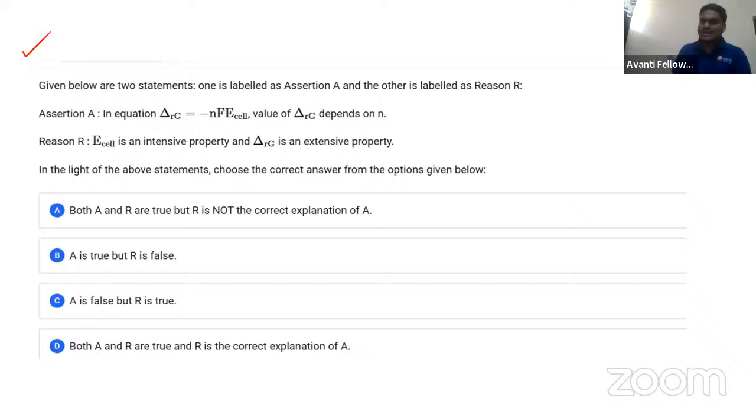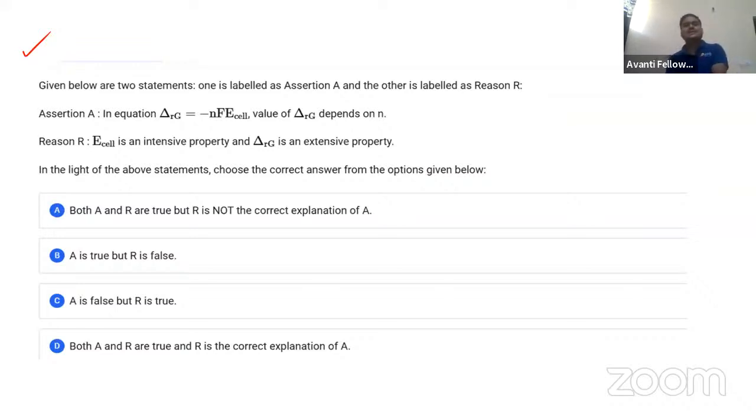Okay. So if there is an equation delta G is equal to minus nFE, what is n? That is moles. So if some property depends upon moles, then obviously this property is extensive in nature, because extensive properties are what? The properties which depend upon the number of moles or mass are called extensive properties. So delta G is an extensive property. This statement is absolutely correct.